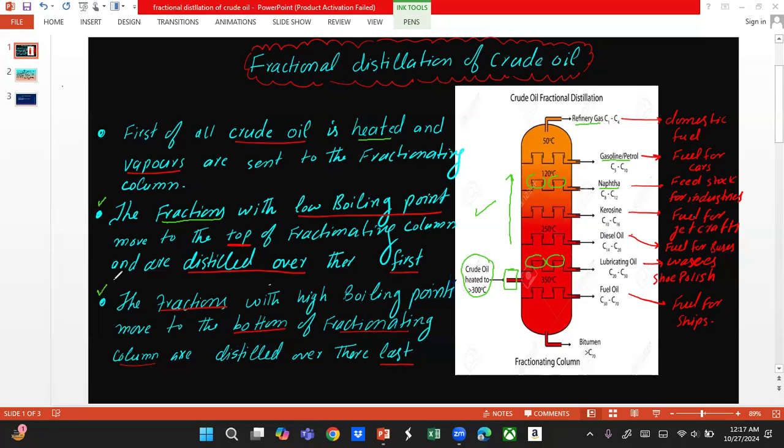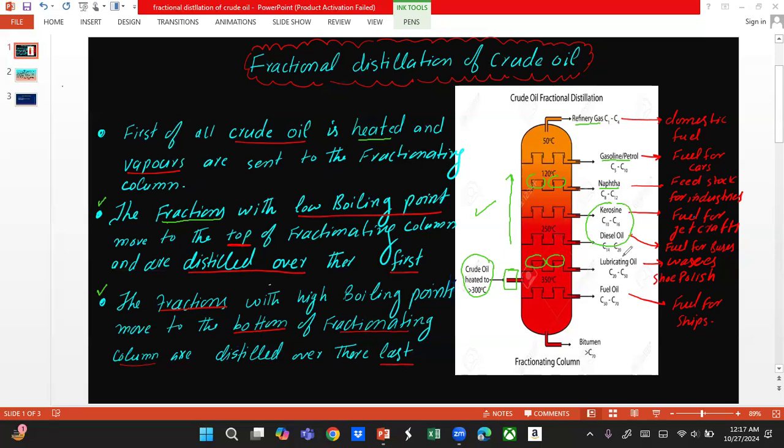So here I want to tell you how this question can come in the examination or has been asked in past papers in few years, like how we can separate kerosene from diesel oil. Now this discussion is totally for all the fractions starting from refinery gas to fuel oil, but you can be asked to separate only these two fractions or any two fractions.